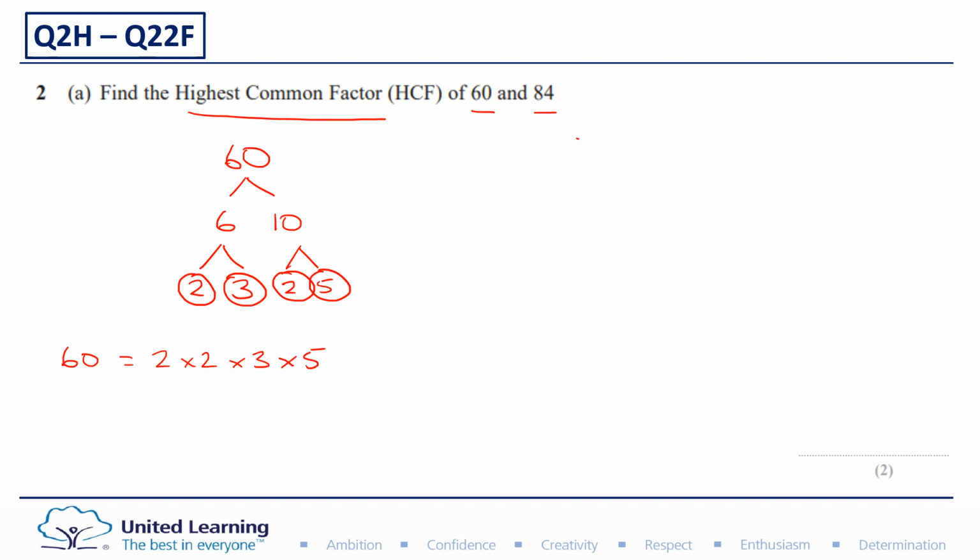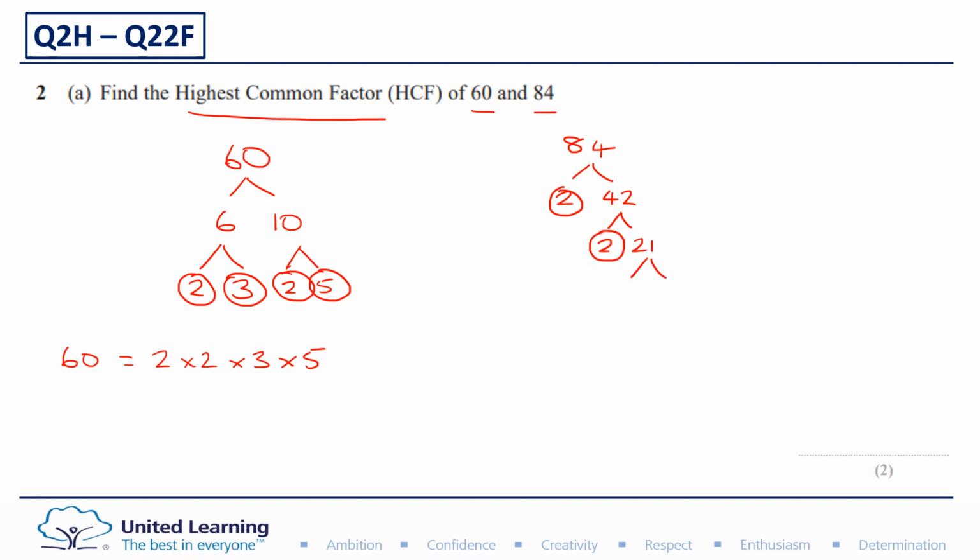I'm going to repeat that process for 84. Again, I'm going to split it up. I imagine most students will start and say that is 2 and 42. 2 is a prime number, so I can circle this. 42 is 2 and 21. 2 is a prime number, so I can circle that.